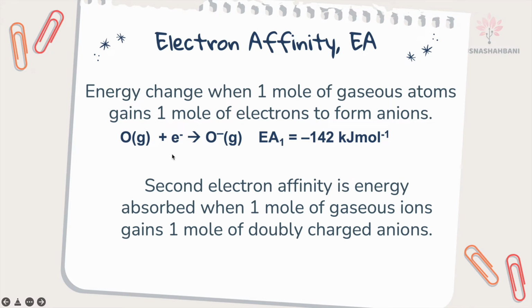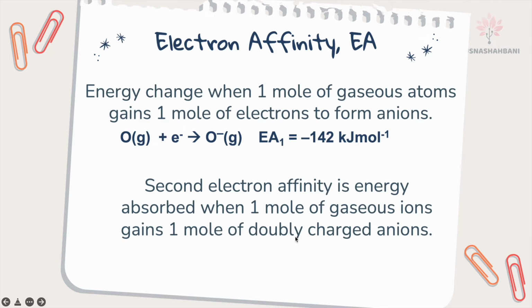And the second electron affinity means you take a second electron into that ion. So the first electron affinity, the first time, is because this is the atom, not an ion yet. The first time you take the electron into it, it becomes an ion, and then this anion gains an electron again. So the second electron affinity is the energy absorbed when 1 mole of gaseous ions gains 1 more mole of electrons to form a doubly charged ion.